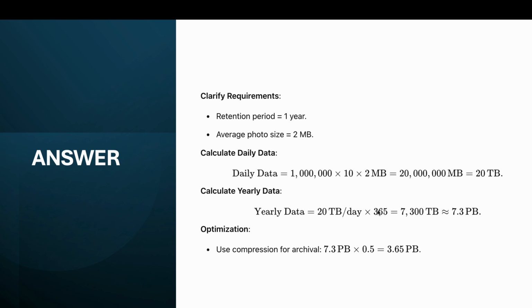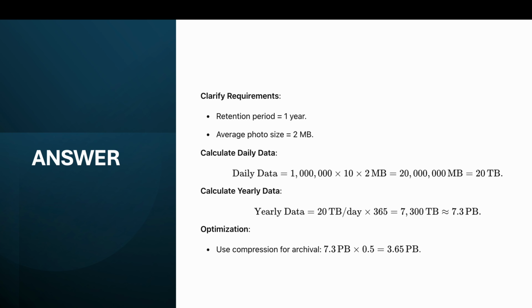Instead of approximating 365 to 400, you could approximate it to 360. So 36 times 2 is 72, and it will be around 7.2 petabytes. Now, these are photos.